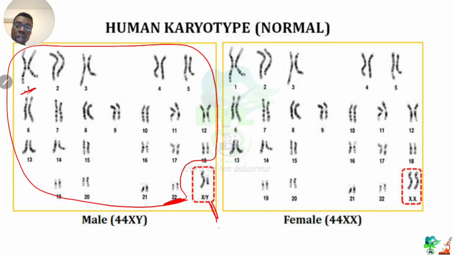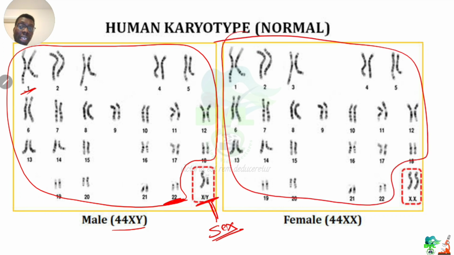And this one is called the sex chromosome. If it's a male, it's going to be X and Y like you're seeing it here. From 1 to 22 is also autosomes in the female. If it is a female, it's going to be X and X.